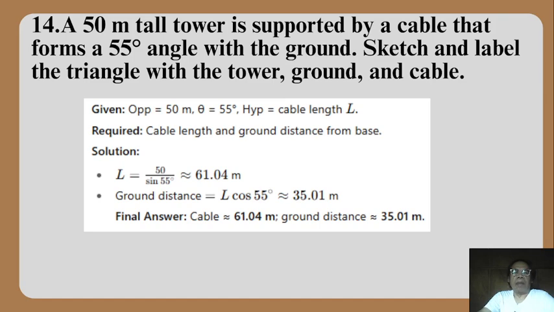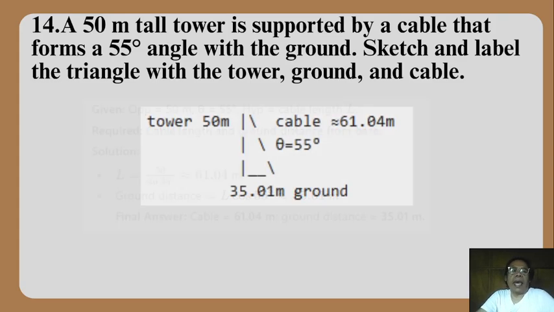So, our final answer, the cable length is 61.04 and the ground distance is equal to 35.01 meters by using the cosine ratio. And this is the illustration of the right triangle.